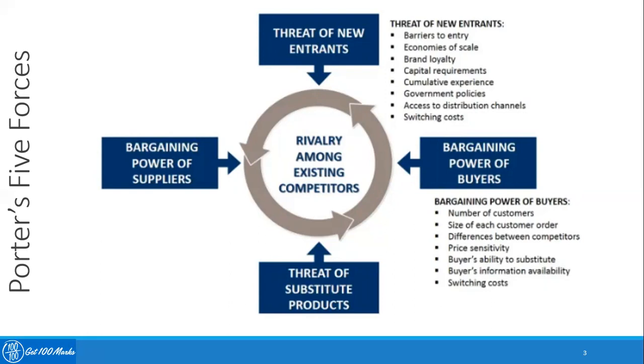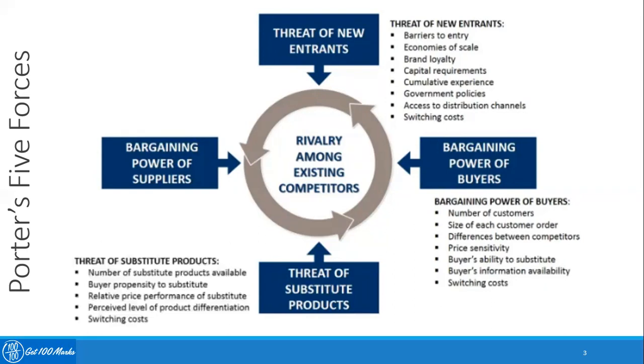Similarly, next goes to the threat of substitutes. Threat of substitutes means if a product can be substituted by another product. So the factors that affect it are number of substitute products available, buyer propensity to substitute, relative price performance of substitute, perceived level of product differentiation, and again the switching costs. Take buyers' propensity to substitute.